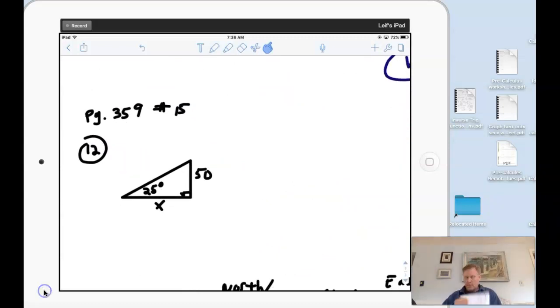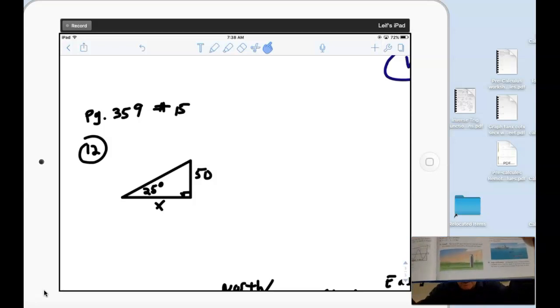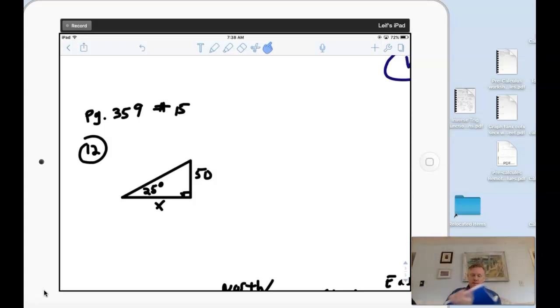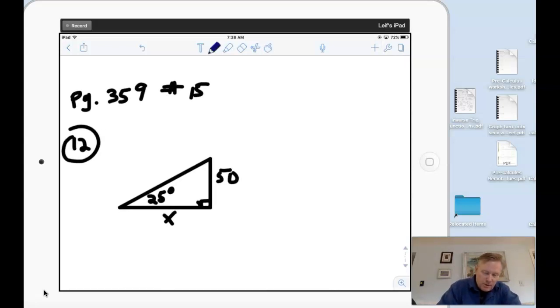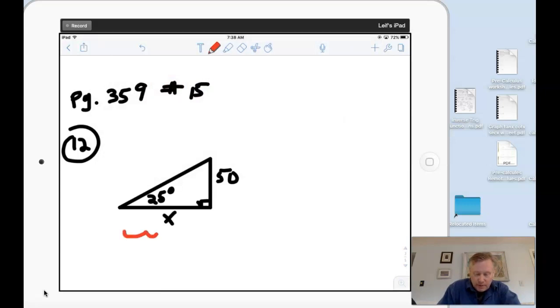Next one. This one's a lot like this. It is from this book here. If I can get this picture, you probably won't be able to see it very well. But I've got this silo, and the sun makes a shadow, and they're asking how long the shadow is. It's a classic kind of question. The shadow is on the ground, which is what I'm looking for.